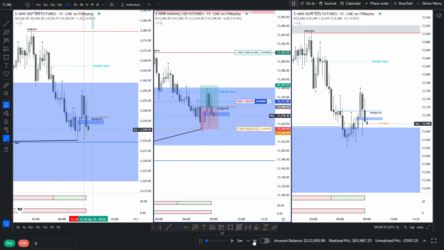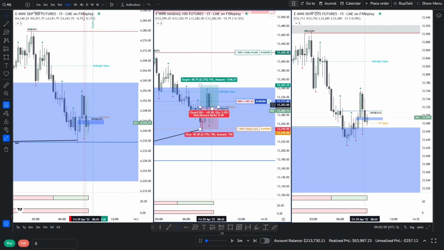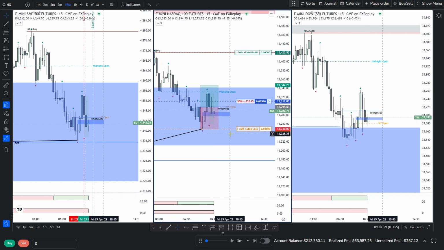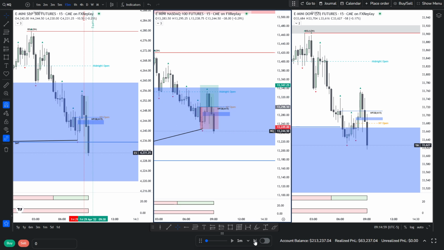We would need to see this close above this candle here. If we see that, then there's a chance this could go higher. If it doesn't, definitely not now. Okay, so the lows are definitely going to get taken. And I'd expect the stop loss to get hit now. There we go.